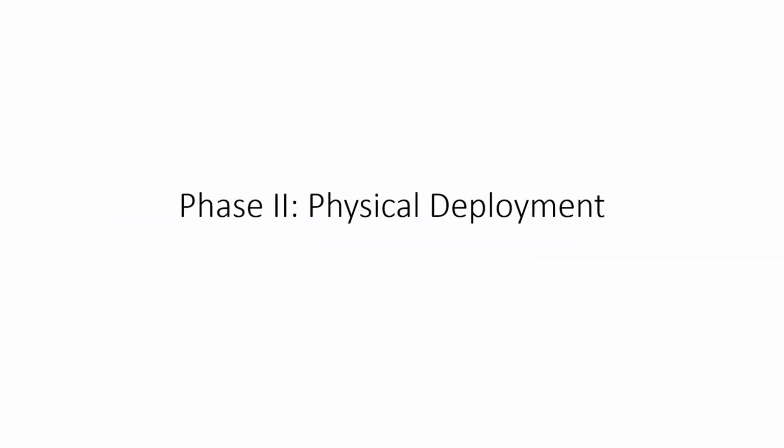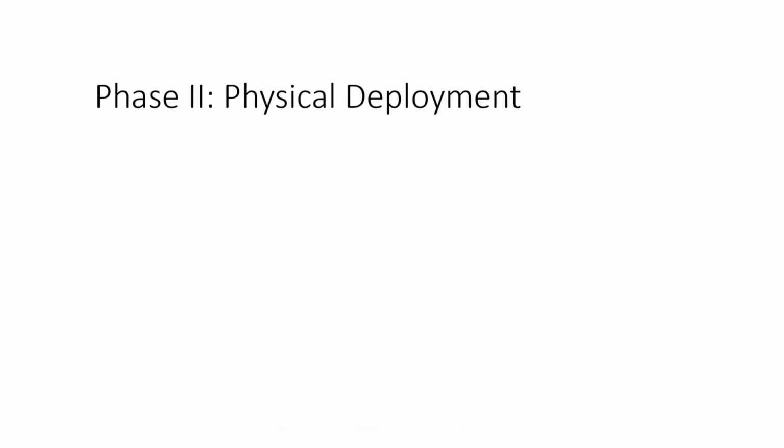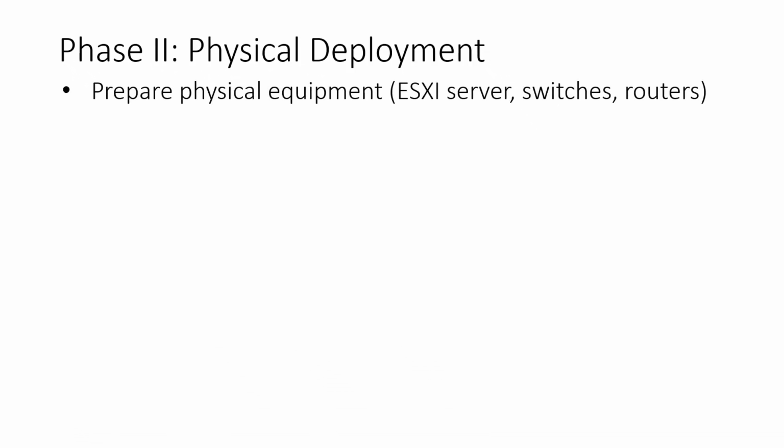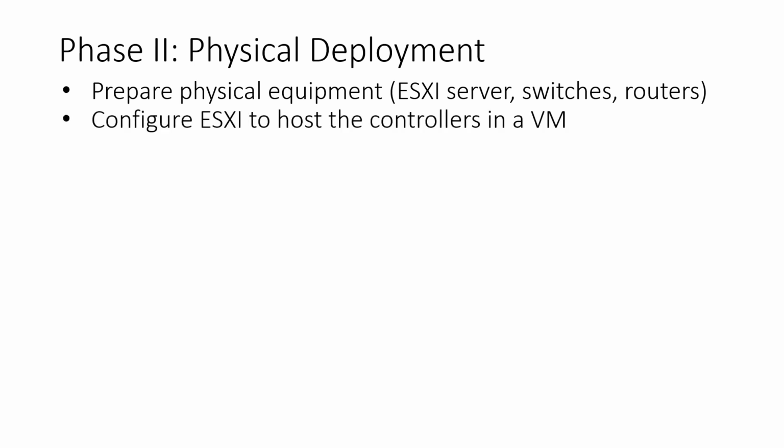In phase 2, step 1 is to prepare physical equipment such as ESXi server, switches, and routers. Step 2, configure ESXi to host the controllers in VMs.